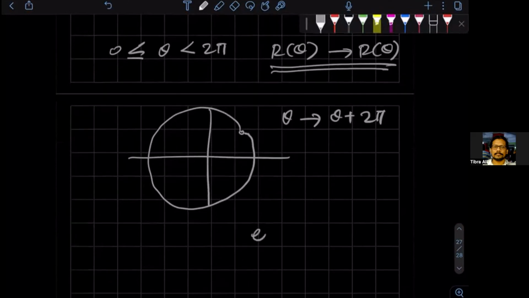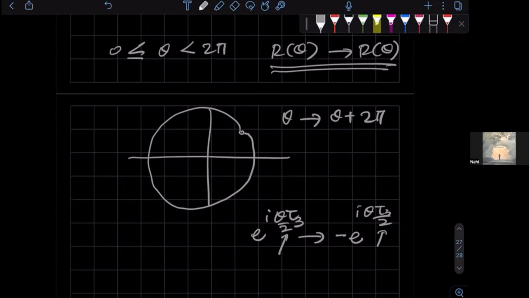But e to the i theta T3 by 2 goes to minus e to the i theta T3 by 2 because of this factor of half. So even though in physical space you rotate by 360 degrees, on the Hilbert space, you don't come back to the same point. You come back to the negative of the vector. Okay, and that's related to fermionic statistics.